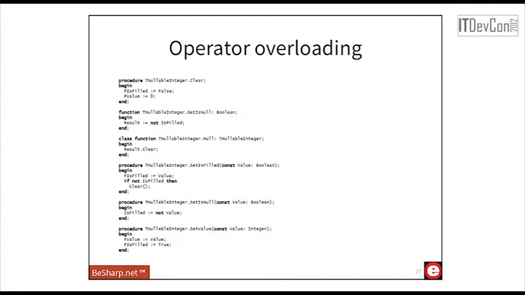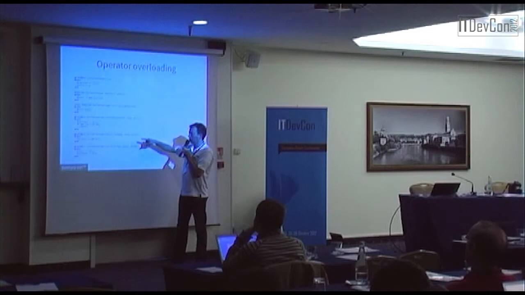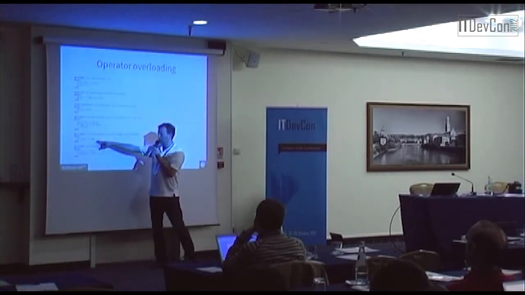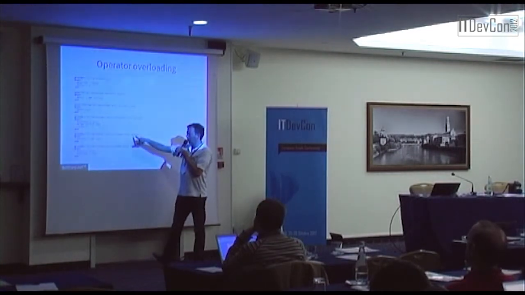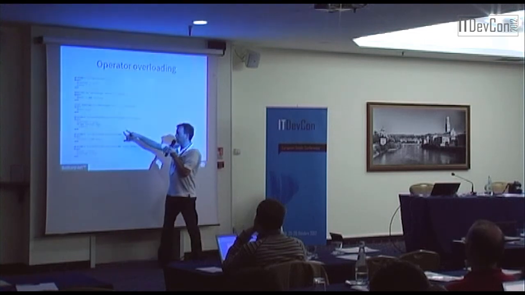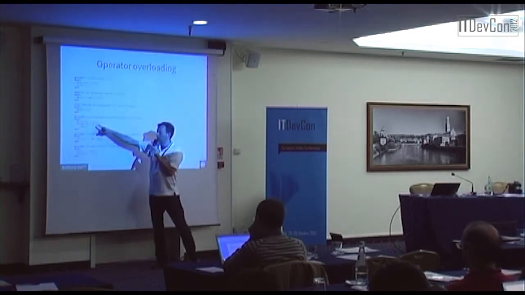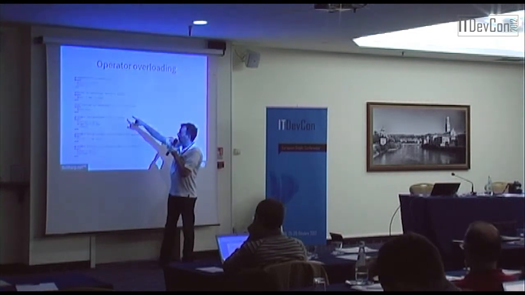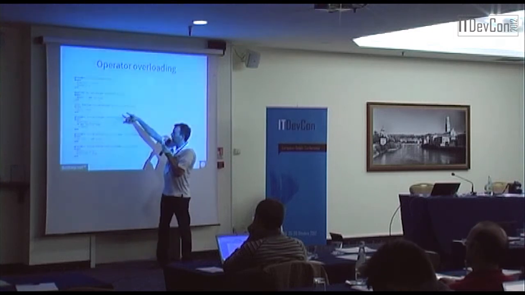There is a couple of methods for assigning a value, which makes sure that is filled becomes false. Setting is filled when you set is null. Set is filled, which calls clear. Null, which calls clear.